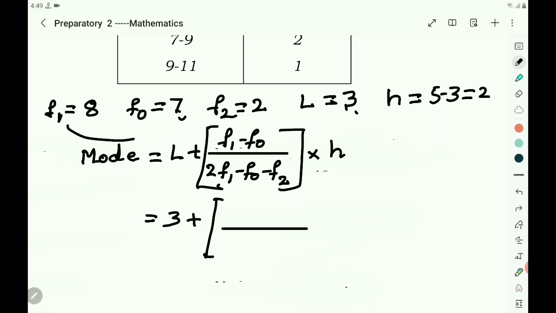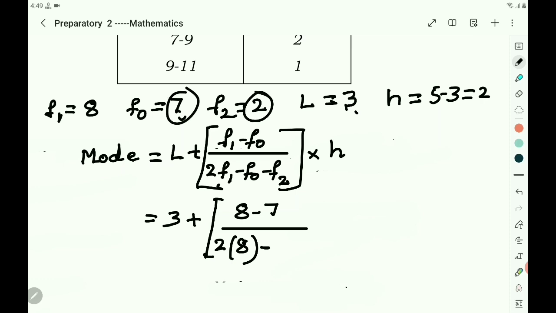F1 minus F0 is 8 minus 7. Then 2F1 is 2 into 8, minus F0, F0 is 7, F2 is 2, minus 7 minus 2, into H. H is 2.